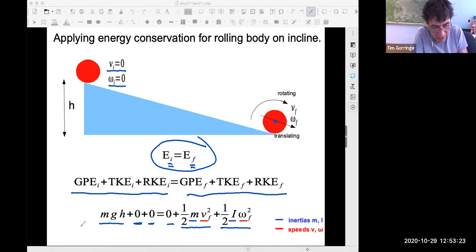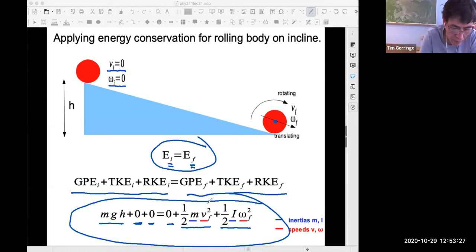So this equation relates the height that the object was released from at the top of the incline to the angular speed and linear speed of the object at the bottom of the incline after rolling down.